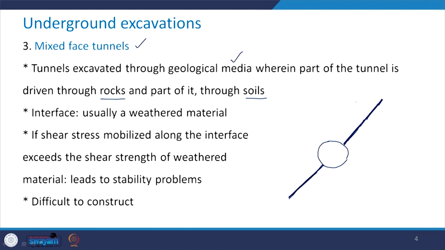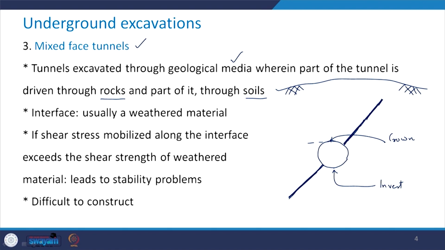Now say here it is your ground surface. The topmost point of the tunnel is called the crown of the tunnel, and the bottommost point is called the invert of the tunnel.